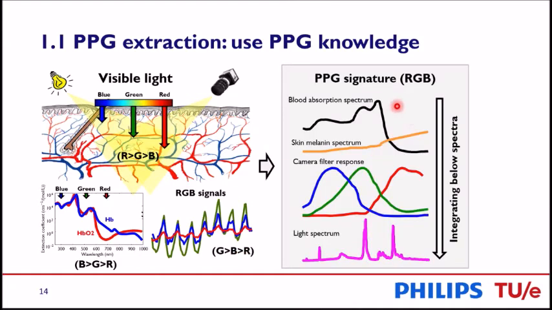By integrating the different spectrums, like the blood absorption spectrum, skin melanin, camera filter response, and light spectrum, we can derive the relative amplitude of the PPG component in the 3 channels, such as this factor, which we call the blood volume factor, or the blood pulse signature. This represents the relative amplitude in the 3 channels.